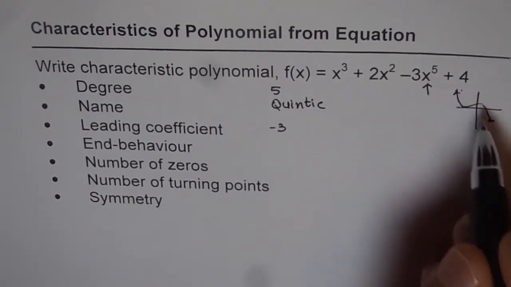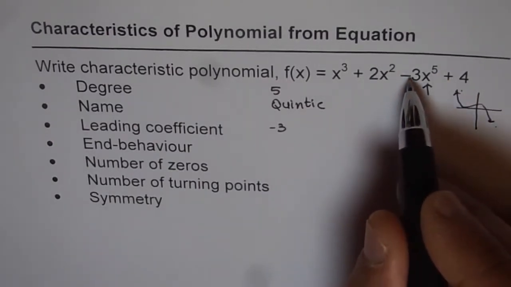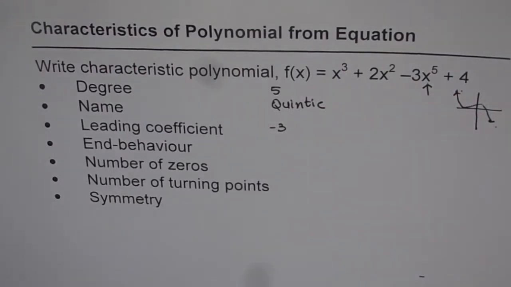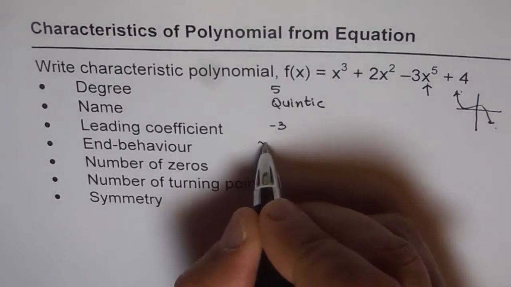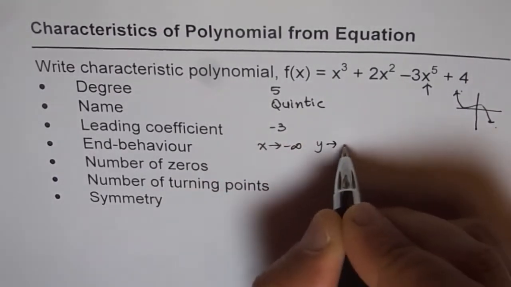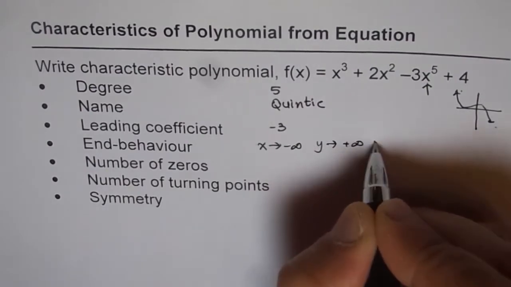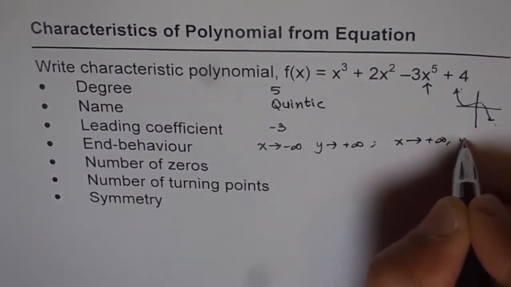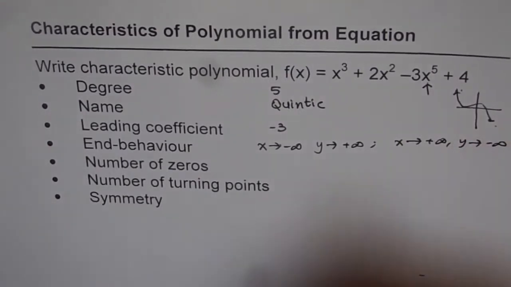Odd degree means both sides opposite and minus means left side up, not right side up. So end behavior is when x approaches negative infinity, y approaches positive infinity. And as x approaches positive infinity, y approaches negative infinity.